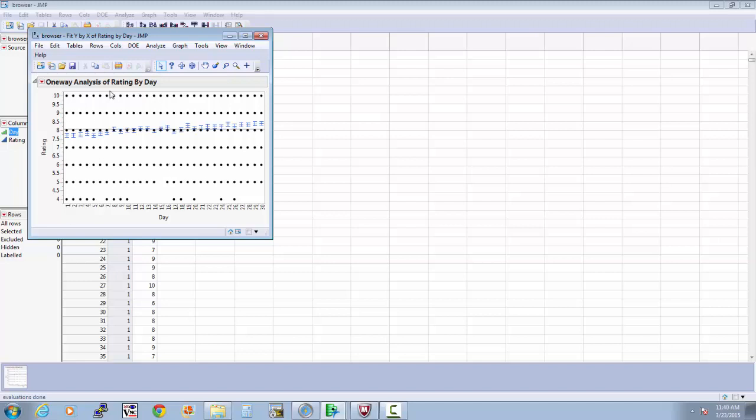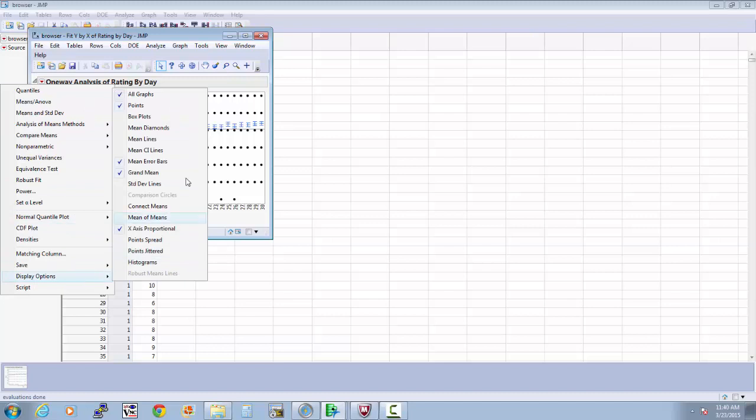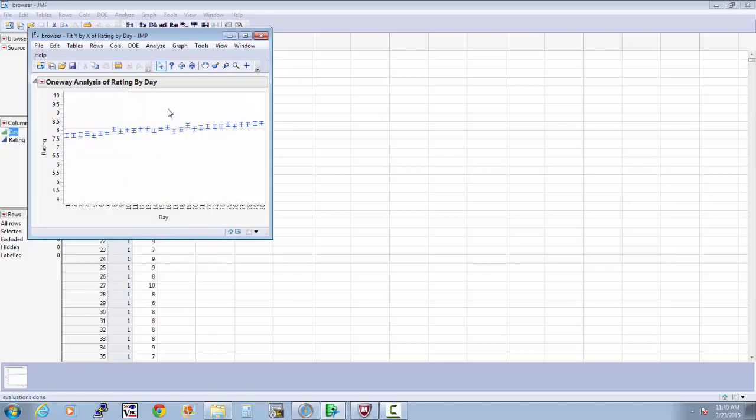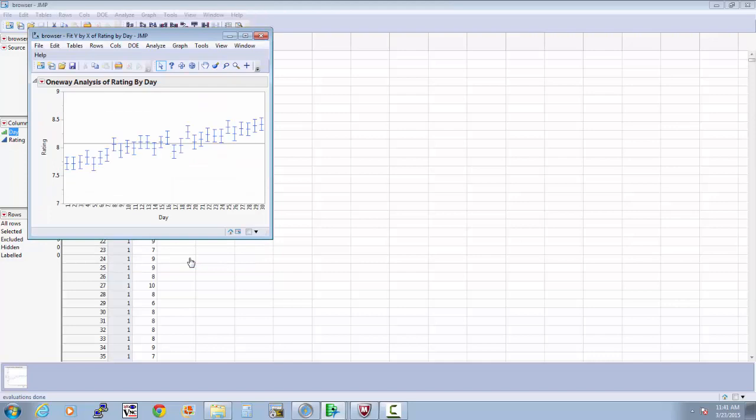Now, if I remove the points, by right-clicking again, going to Display Options and removing the points, I can now get a sense of what those daily means are doing. And if I rescale this plot to go between 7 and 9, for example, on the vertical axis, then it becomes quite clear what's happening to this process: the mean is increasing over time, so people are getting happier with their experience.